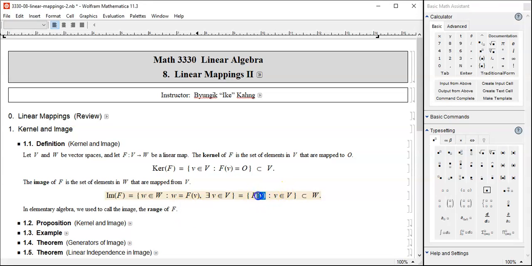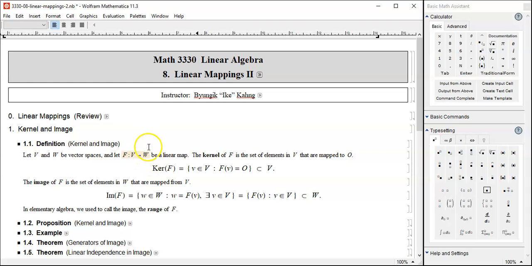And then also f of v. In calculus, we used to call those kind of things function values. Same way in college algebra courses or pre-calculus. That was because all the functions we have been dealing with in calculus level were real functions. So the target was a set of real numbers, so it's a value. But in this case, the target is not the real number system.